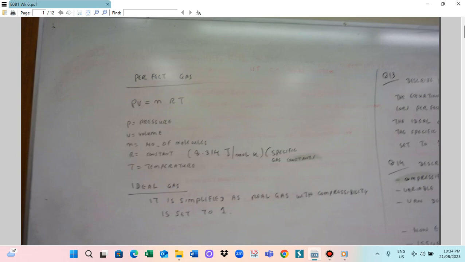So the gas follows this equation, PV equal to nRT. This we call a perfect gas. P is the pressure, V volume, and R is the universal constant, 8.314 joule per mole per K.